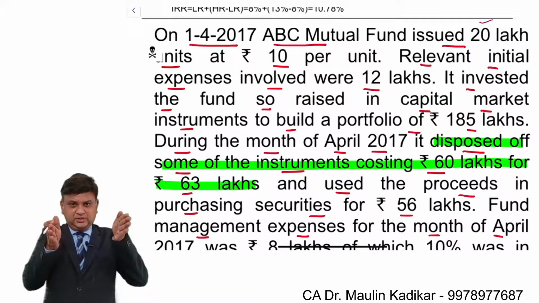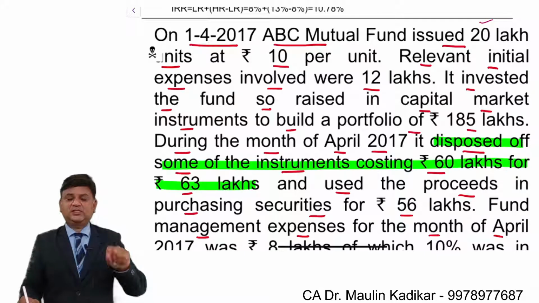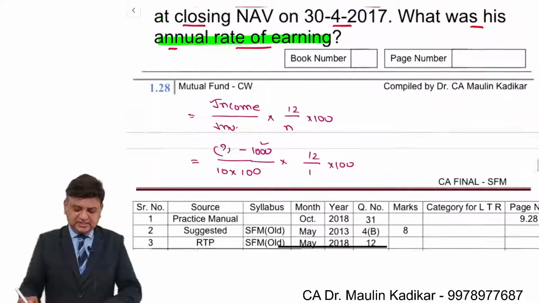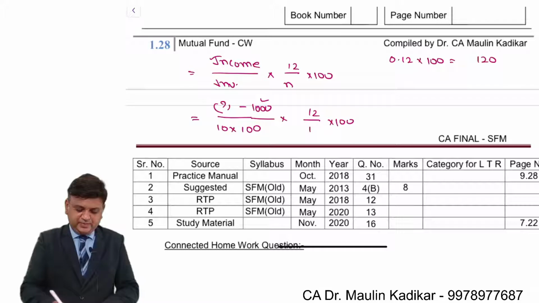So 2,40,000 divided by 20 lakhs will give us the capital gain income to the investor on a per unit basis. Let us say it comes to 12 paise, into 100 units. That is 12 rupees is the income to the investor.